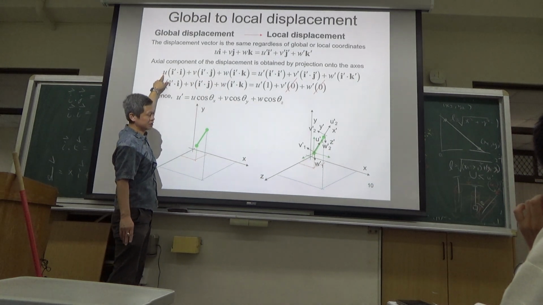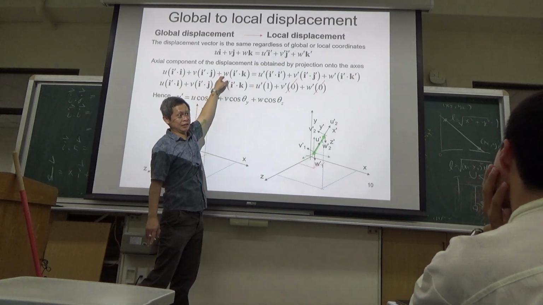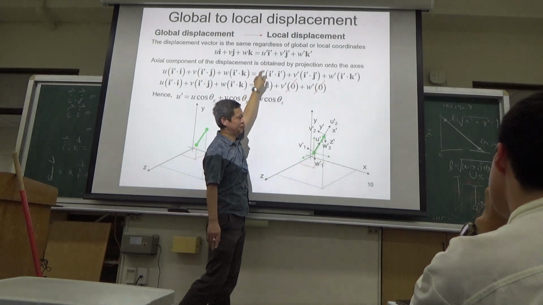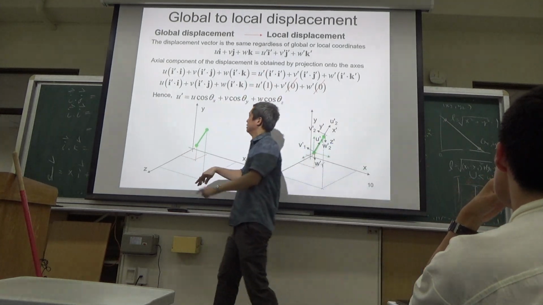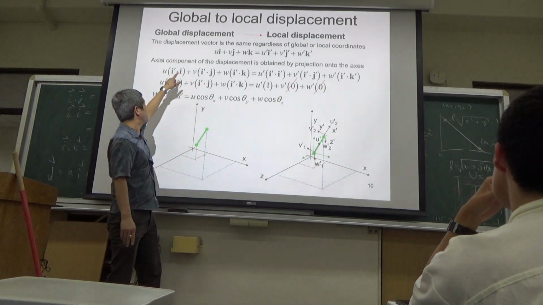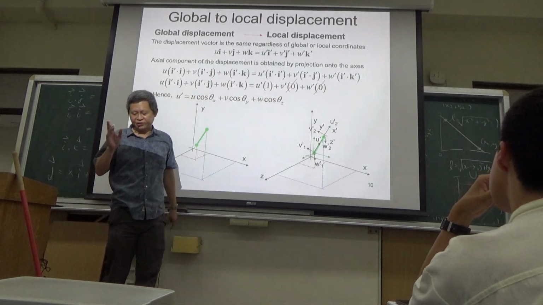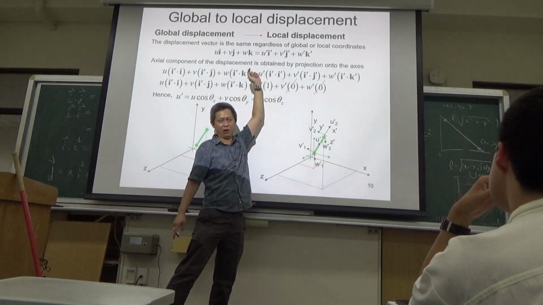So this is the displacement along x-axis, this is vertical displacement, this is depth displacement. If I want to find the displacement along the axis of the bicycle pump, then I have to multiply both sides with the directional axis of the bicycle pump, I prime.